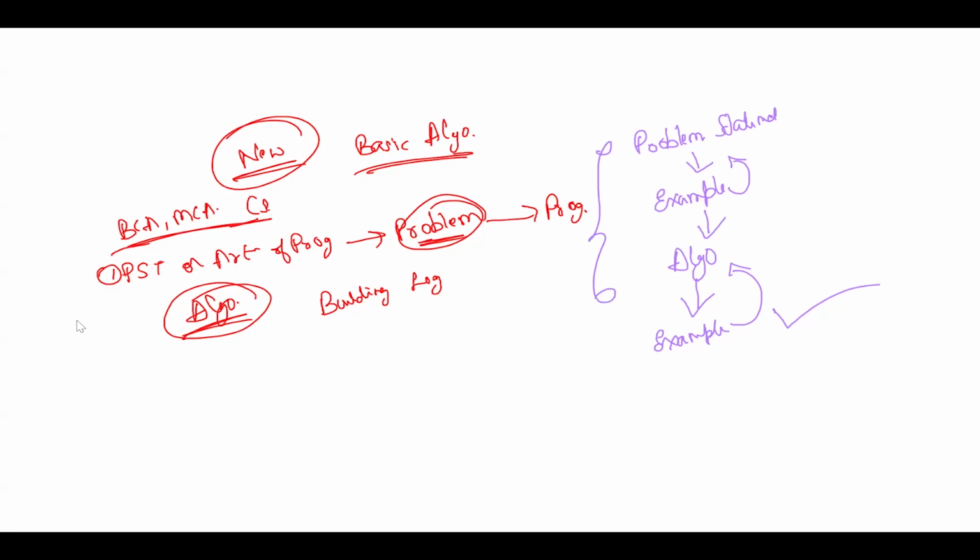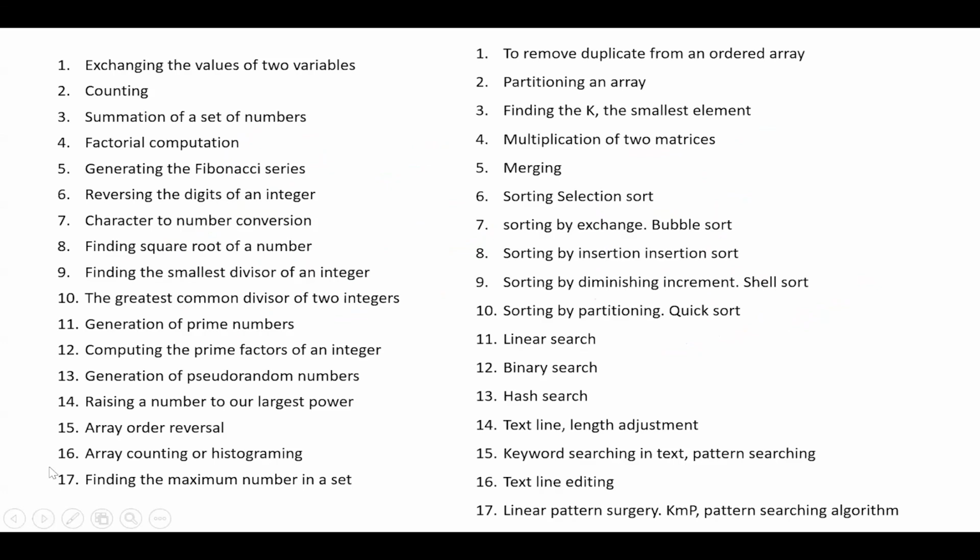Now that we know how we are going to do the series, let us quickly see the topics I'll be covering. As you can see, we are starting from the very basics, with exchanging the values of two variables, counting, summation, factorial, Fibonacci, reversing digits, character to number conversion, finding a square root.